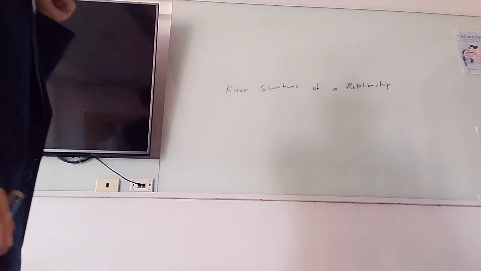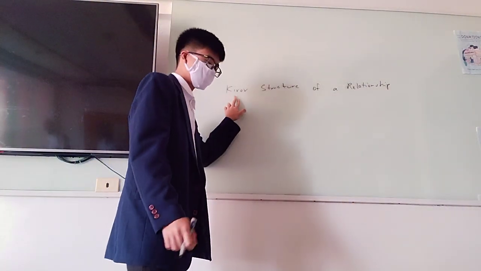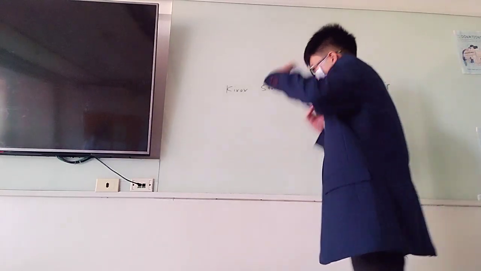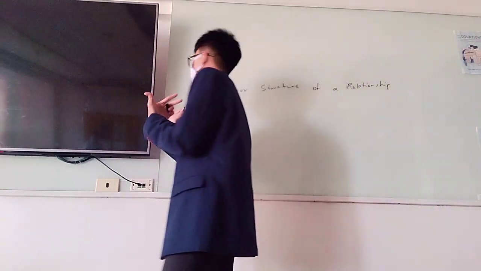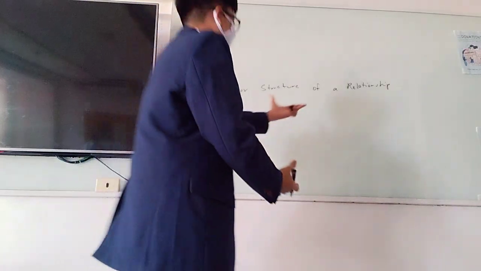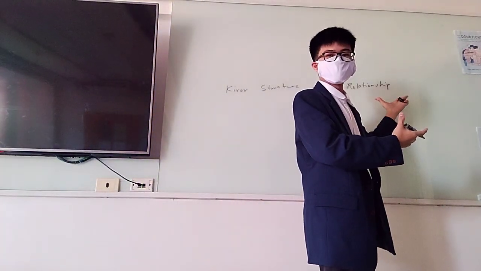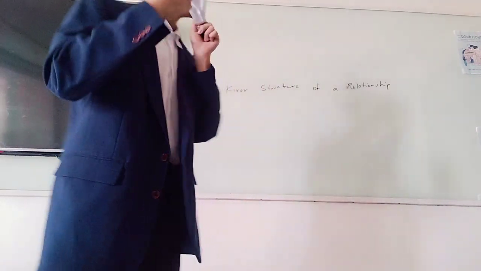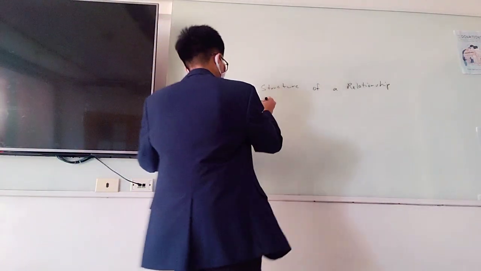So the first thing we have to do is, the Kirov structure is sort of an arbitrary object. So given a relationship, what we have to do is correspond each member of the relationship to a certain element on the periodic table. Now the easiest to work with is carbon, hydrogen, and oxygen.